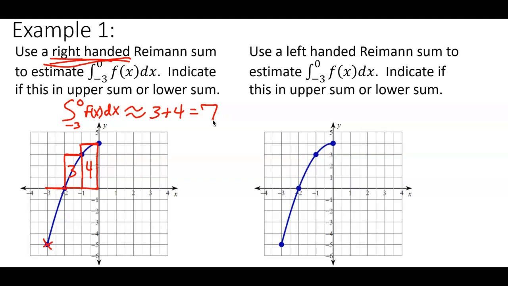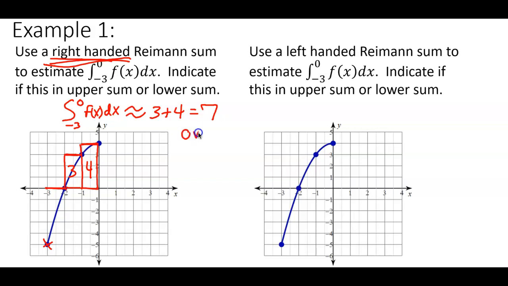Now, I don't want you to look at the picture. I want you to use the chart on the other side about increasing, decreasing, etc. Is my function increasing or decreasing? It's increasing. And am I doing a right-hand or a left-hand sum? Look at your chart. When you have an increasing function with a right-handed rectangle, what would that be? It's an overestimate.